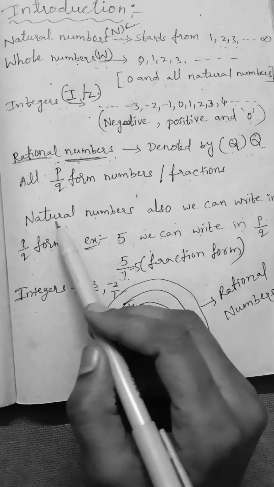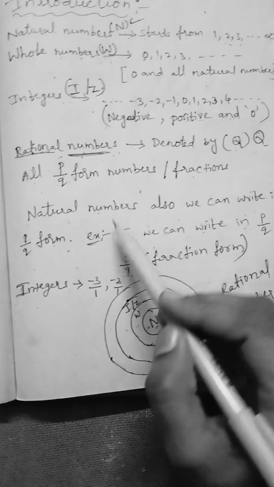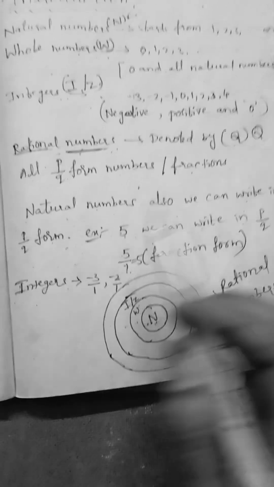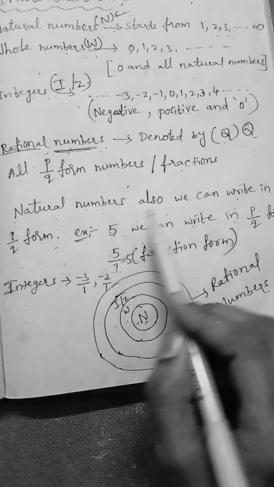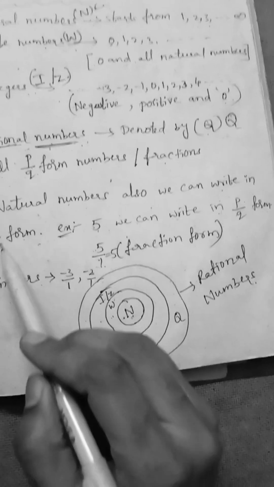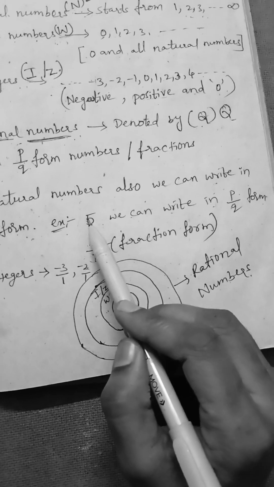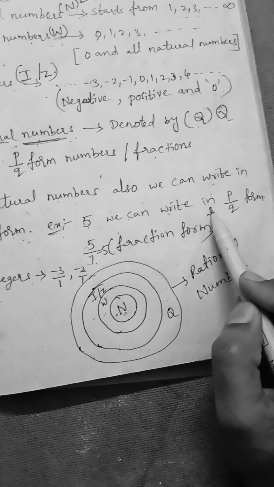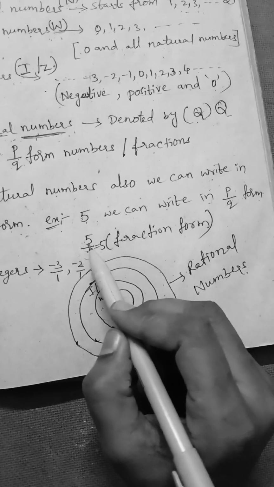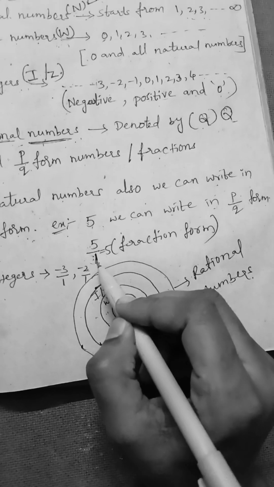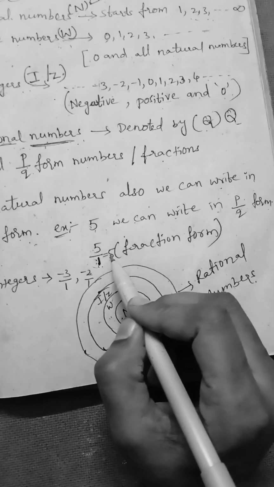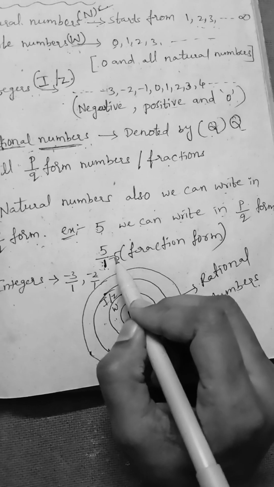Now we can write natural numbers in p by q form. For example, 5 is a natural number, no? So we can write it in p by q form, that is 5 divided by 1. 5 divided by 1 equals 5.